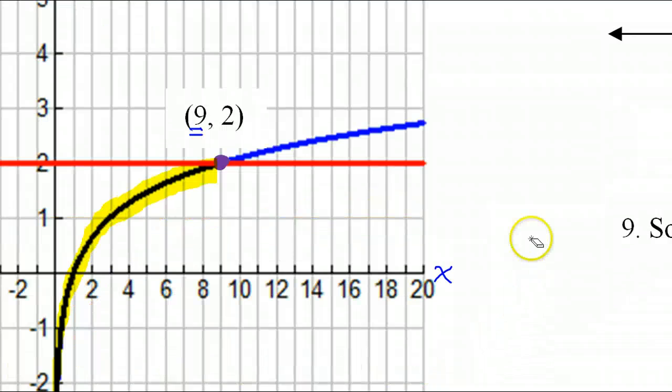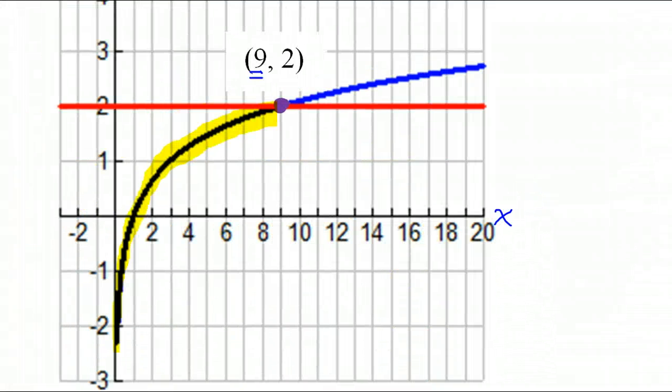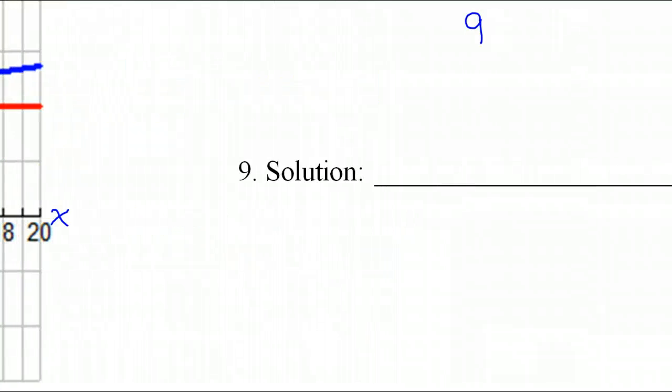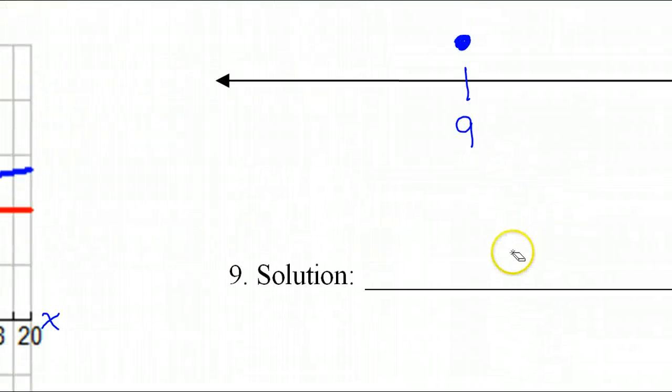Instead of doing a test value, we're going to use the graph. You can see the part that we highlighted, the part that we decided was below 2. Is this going to the left or to the right? You can see that it's going to the left. So that's where our solutions will be, to the left.